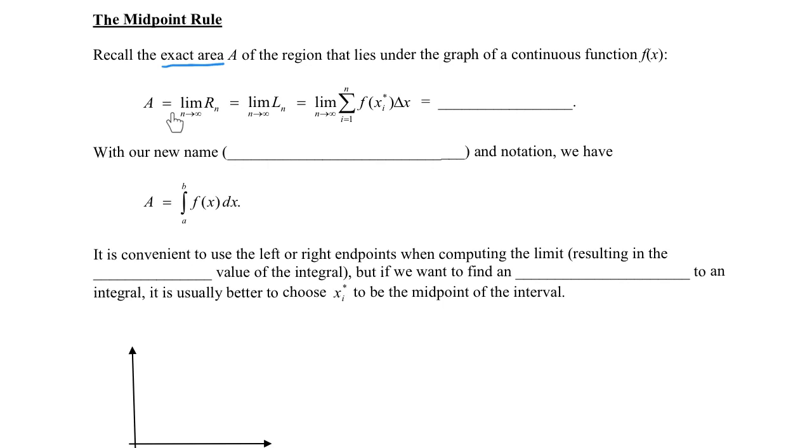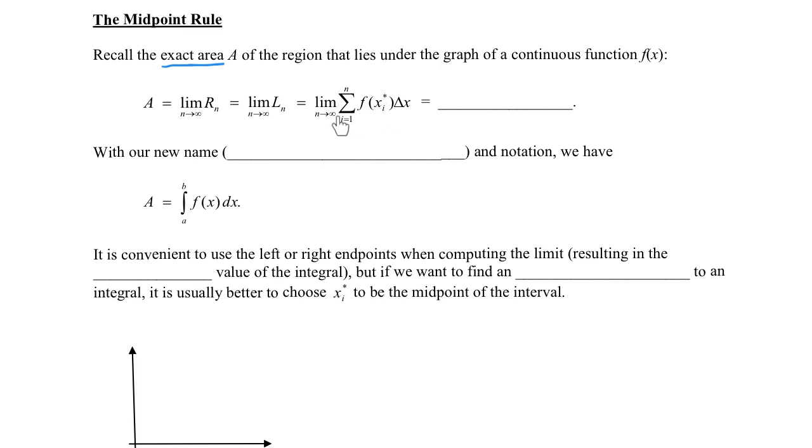Because remember, if you take the limit, you get the exact answer, and it doesn't matter which way you go, you get the same answer. And then, of course, this is another way to say these same things, but with any random sample point.